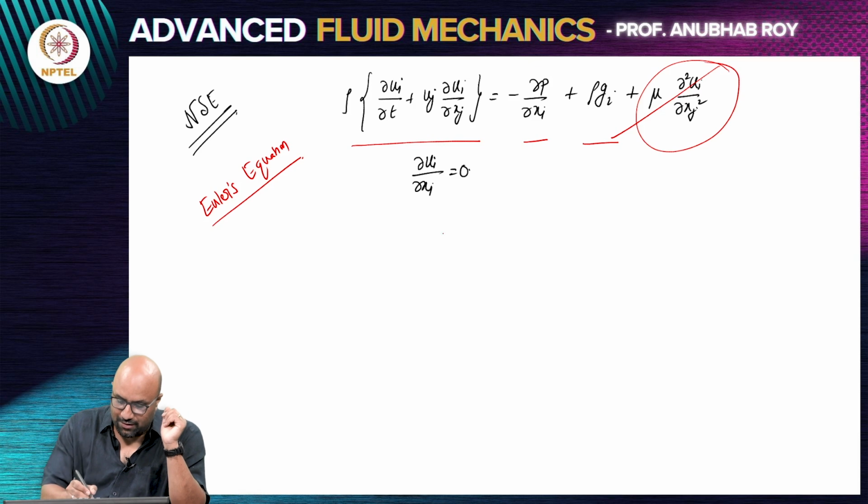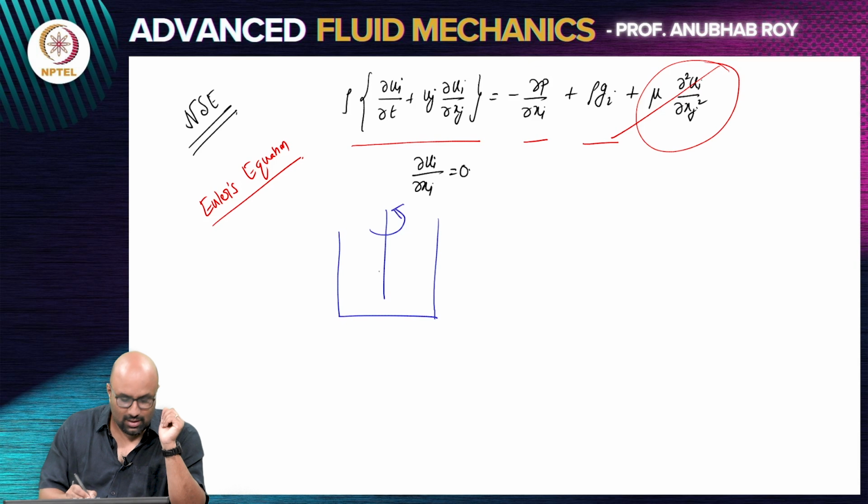So, we will attempt at solving one particular problem using Euler's equation. This is a problem which some of you might have seen if you have done a fluid mechanics lab. There is fluid which at the initial instant is filled in a container.